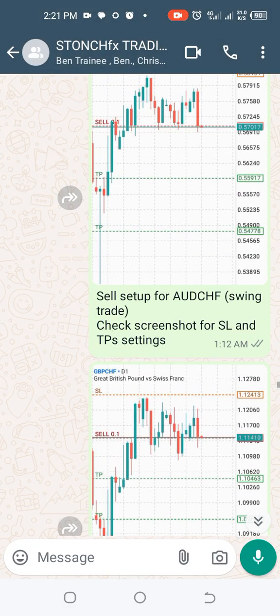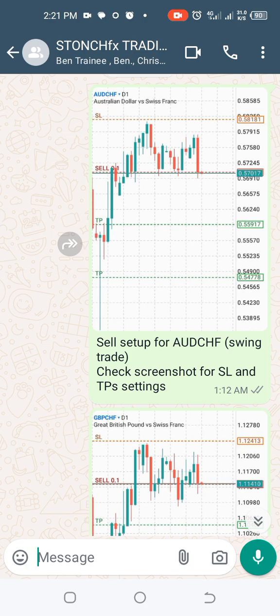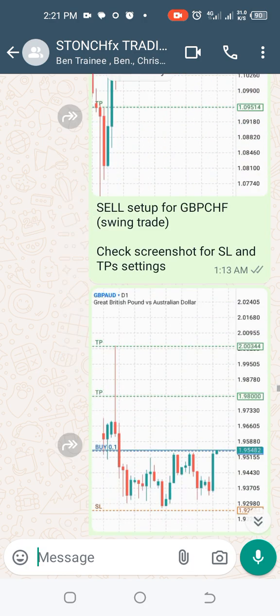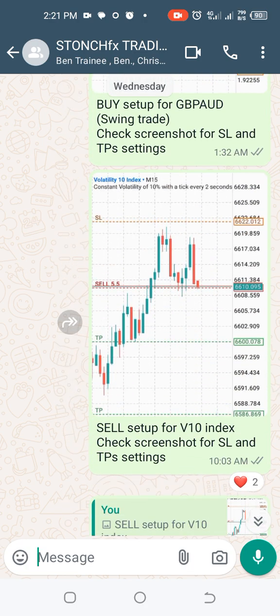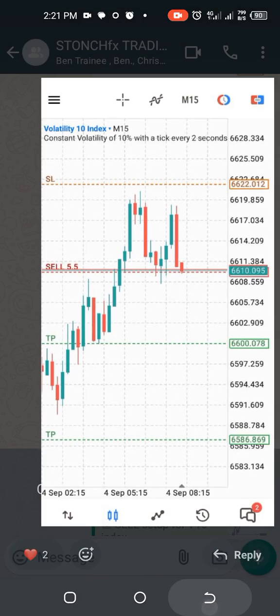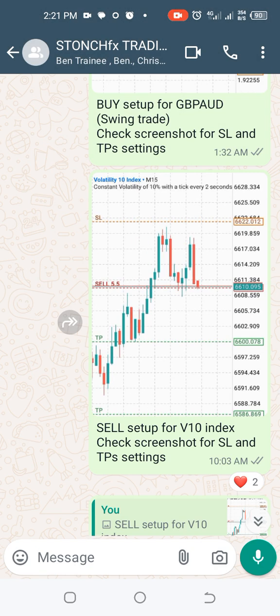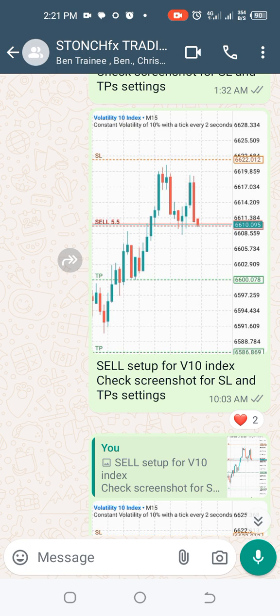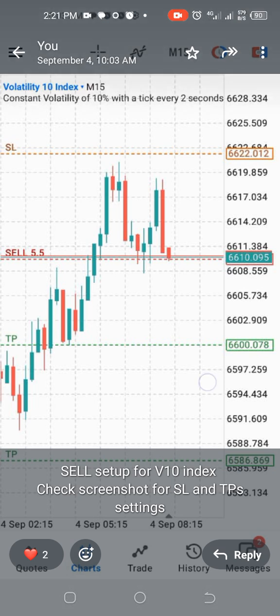They are all swing trades. This is also AUD/CHF. And this is for the V10 index, a sell setup for V10 index. Check screenshot for Excel and TP settings.